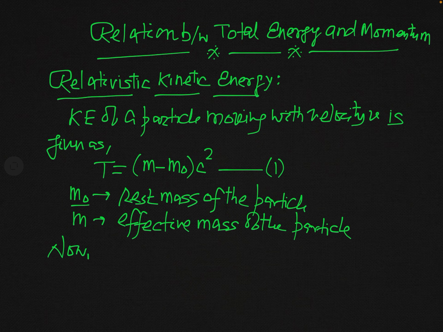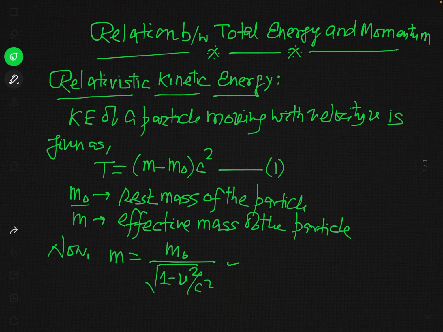And as you know, this effective mass of the particle, whose rest mass is m naught, when it moves with velocity v, is given as m equal to m naught divided by the square root of 1 minus v square over c square. You know it. So now let us substitute this value of m in this equation 1.